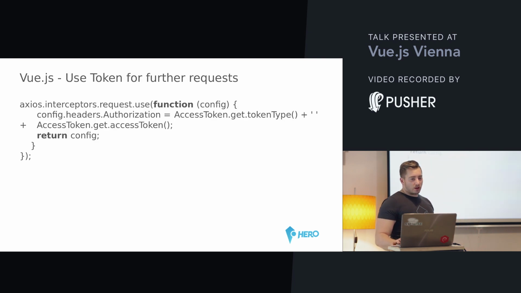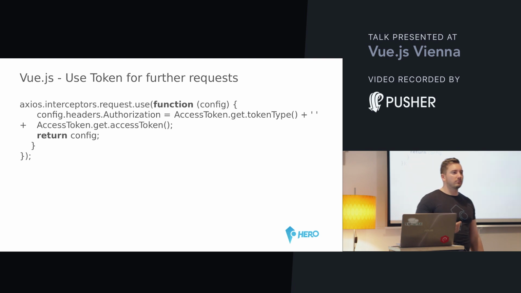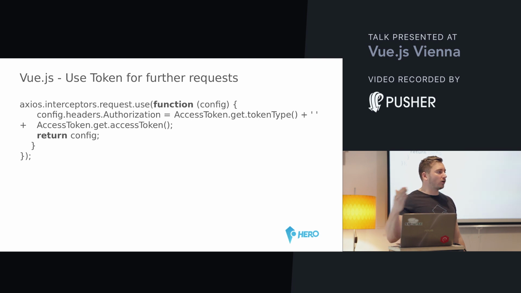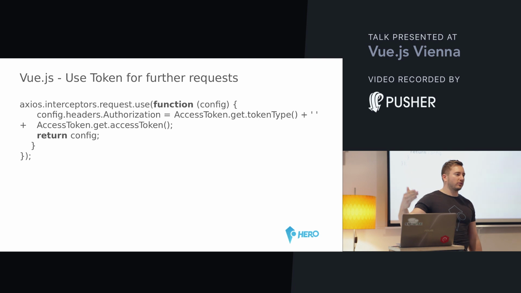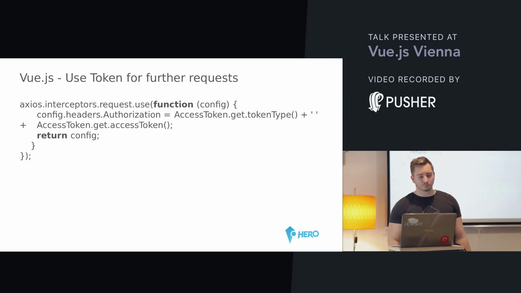Good. This is the use of the stored access token. So we have an interceptor here. It's quite cool in Axios. You can intercept your Axios calls and add something to the calls before they are sent to the internet.